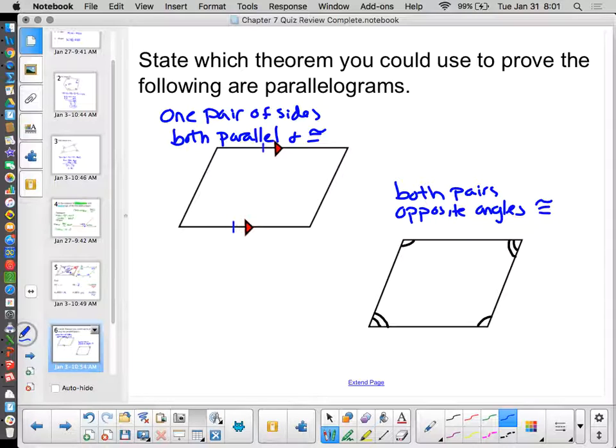But you could be lazy like that too. Quite honestly, if you just wrote both pairs of opposite angles there, I'd probably be happy with you and give you the points. You know what you're talking about. You can't just write both pairs of opposite sides, though, because there's two reasons. One is parallel, one's congruent. So you got to be a little more careful with that. Okay.